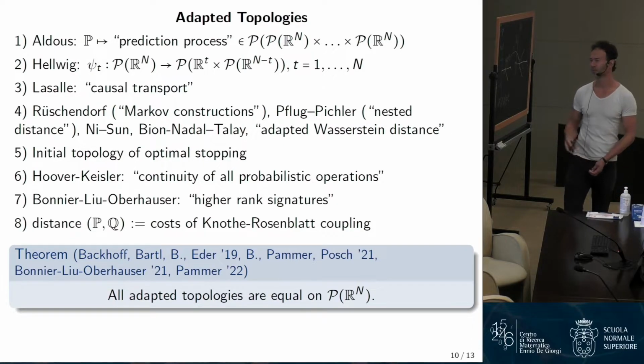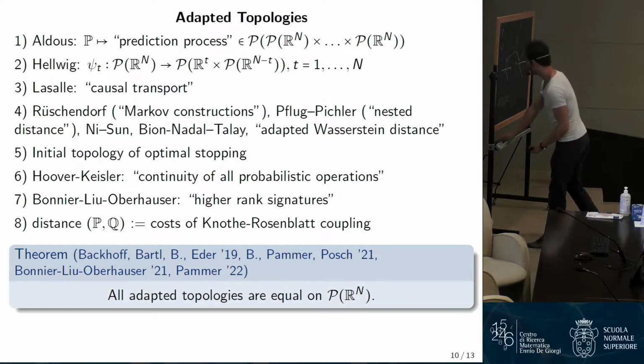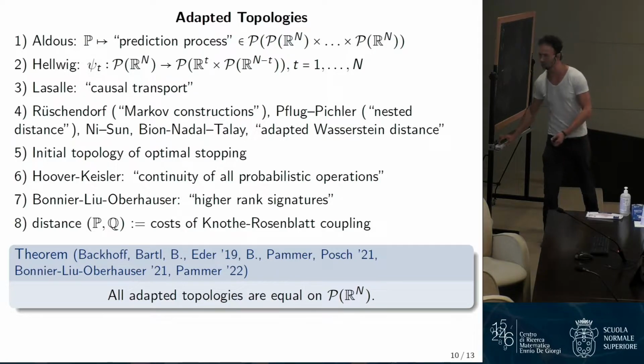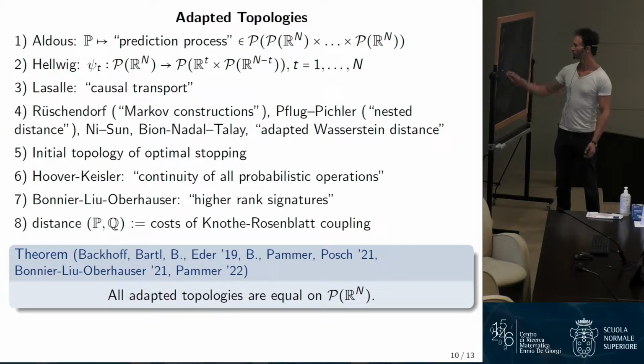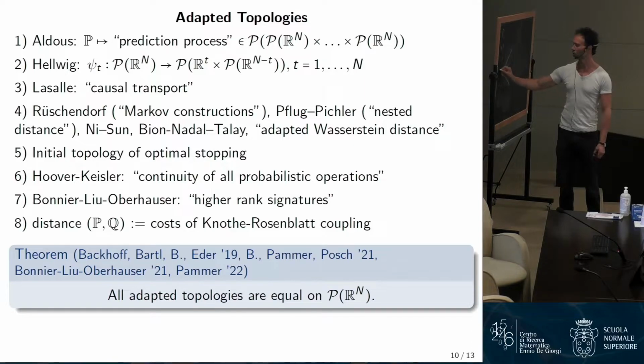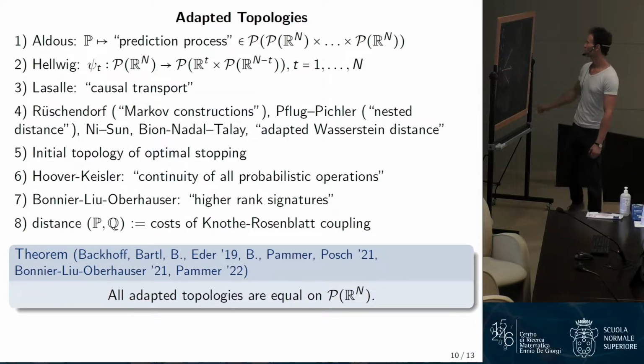Okay, so it's nice that all of these topologies are the same, but there is something about these topologies which doesn't seem so nice, and this is also something I want to tell you. So I'm redrawing this example. And I have here processes which correspond to some measure Pn, which starts at 1 over n.